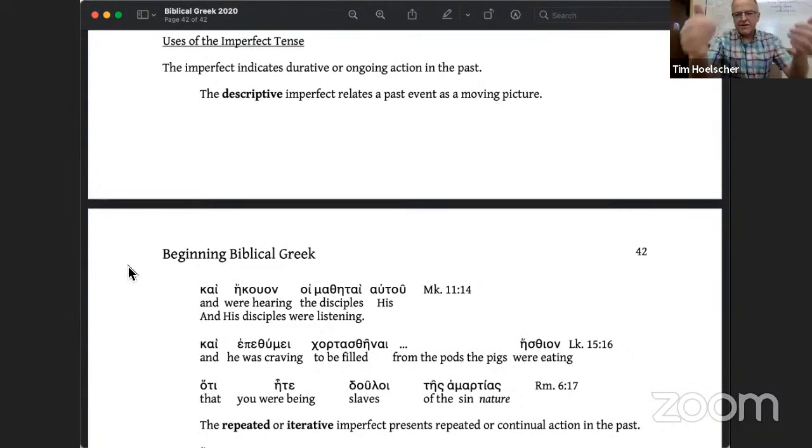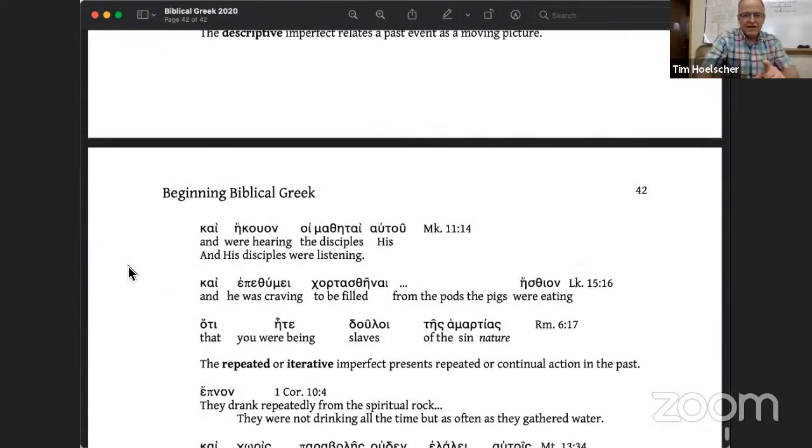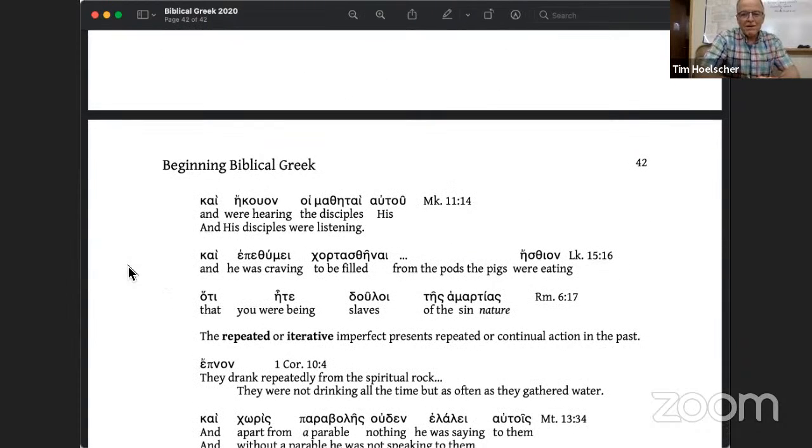Okay. Then the next sentence down there, again, we're looking at these descriptive ones that are just really trying to give us a very moving, very vivid picture here. And Paul says that you were being, there's the imperfect form. If you just look back right up there in that list on the last page, you were being slaves of the sin, and we say sin nature for clarity, for helping people.